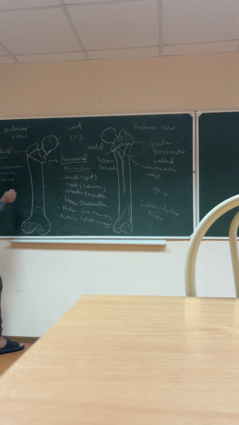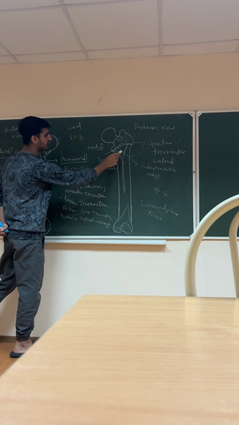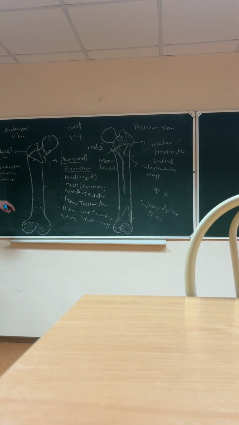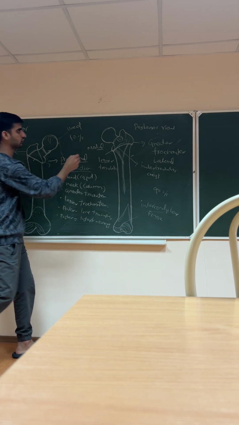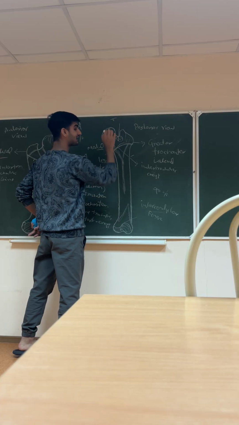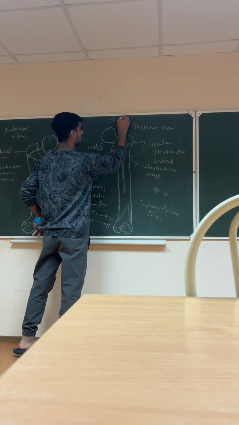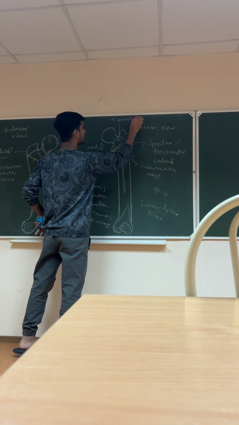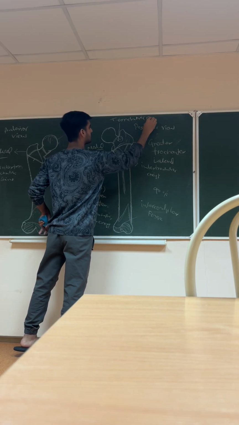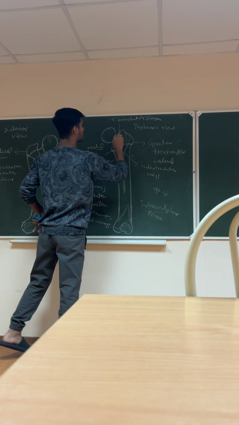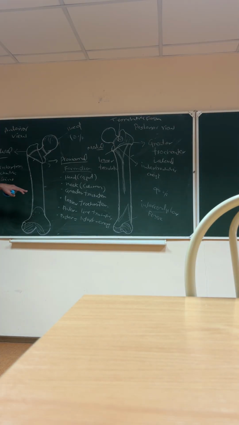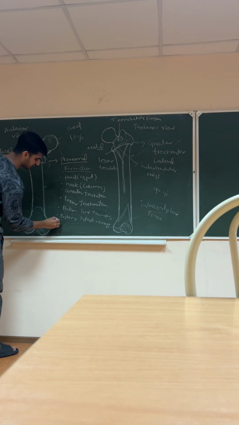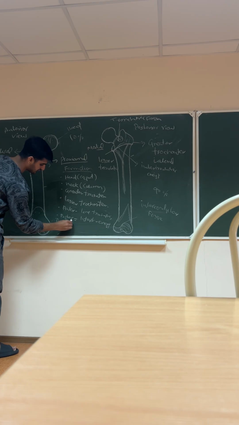This is all the formation of the proximal epiphysis. And here also don't forget, this is the trochanteric fossa. This is not intertrochanteric, this is the trochanteric fossa. Again, the formation trochanteric fossa also.